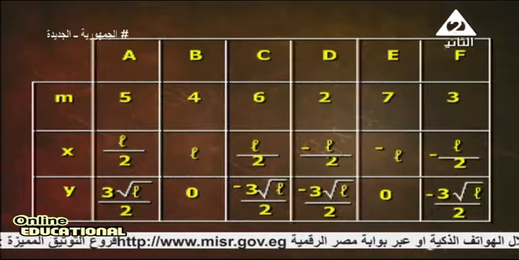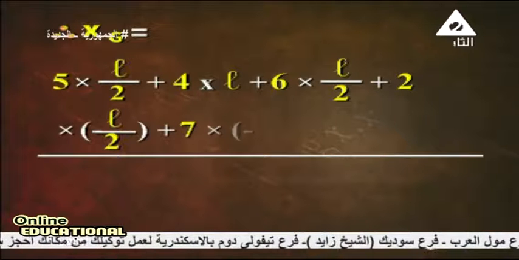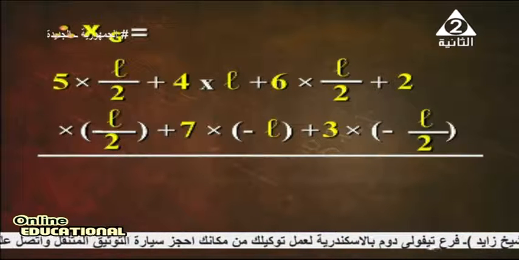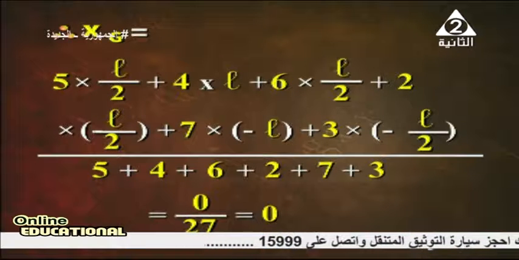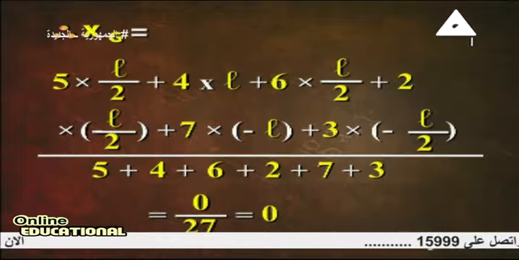By using XG to determine the center of gravity of the system, M1 x1 plus M2 x2 and so on, the center of gravity x coordinate is 0.